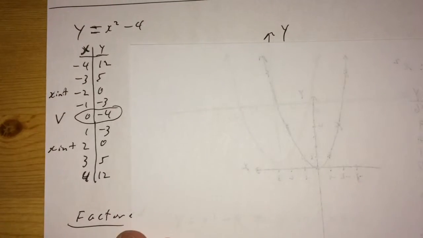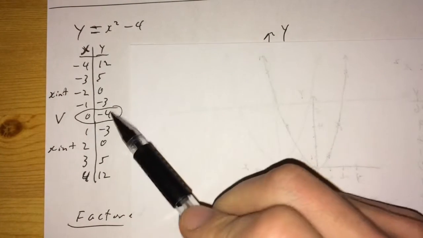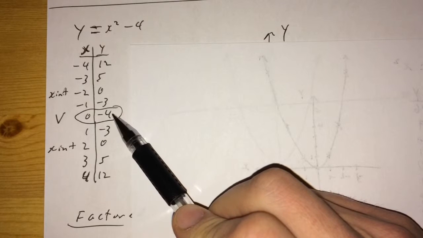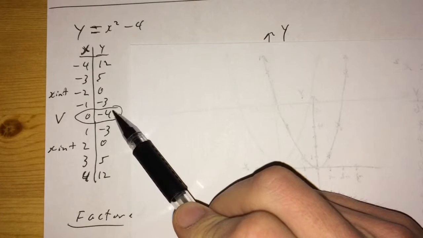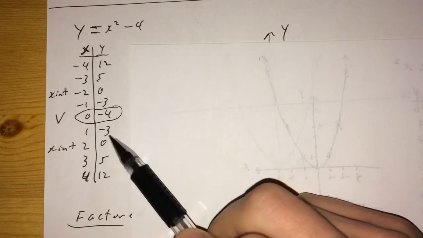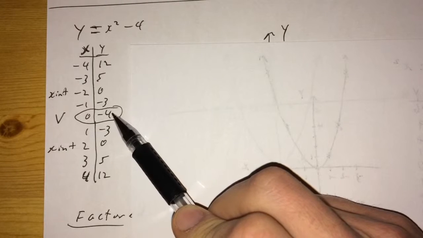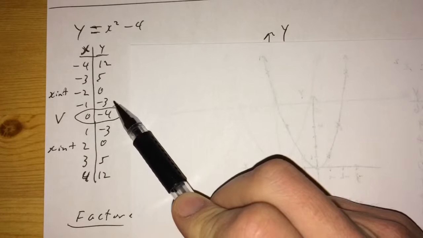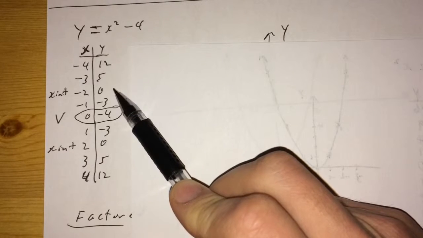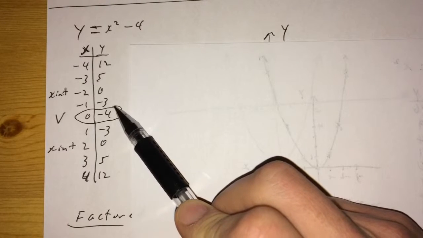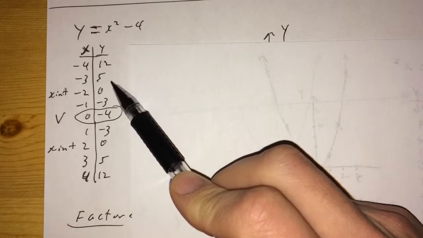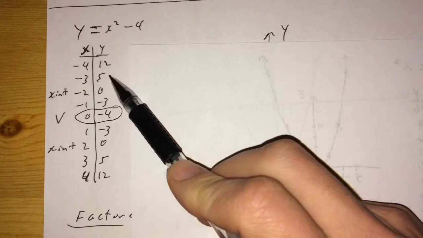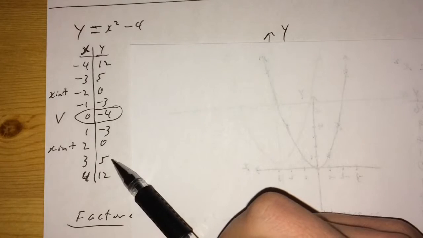The a is still 1, and each time you go past the lowest point in the table, you're going up 1. If you go past it by 2, you're going up 4. So we'll go past 1, 1 squared is 1. Go past by 2, 2 squared is 4. Pass by 3, 3 squared is 9. So negative 4 plus 9 is 5.